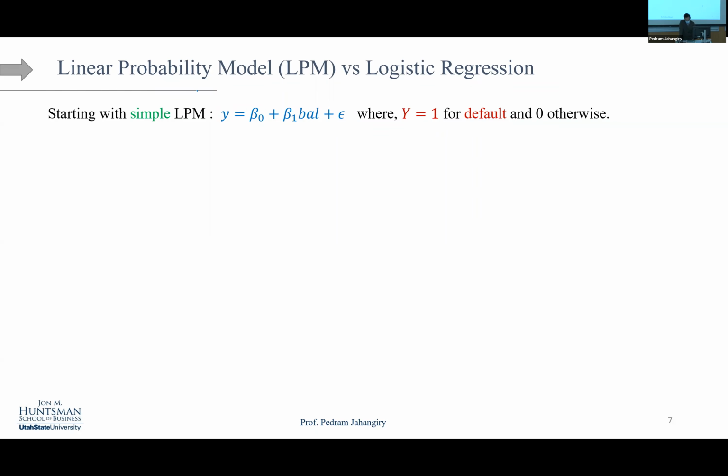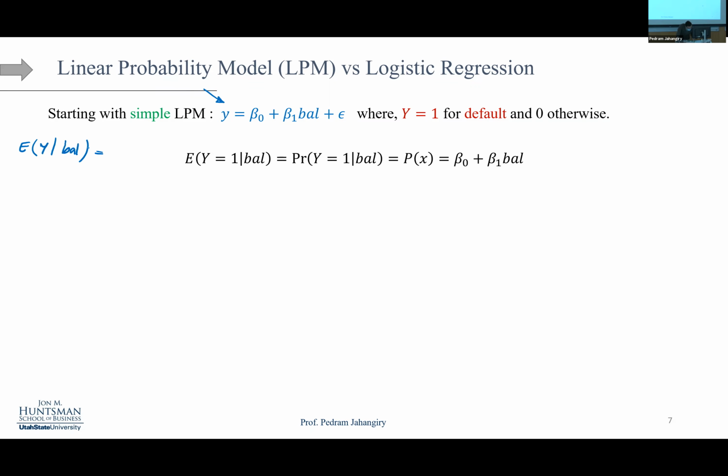Let's take expected value from both sides, right? I'm going to take the expected value of this function. On the left, I have the expected value of, and these are conditional expectations, right? I want to see, based on different values of balance, what is the expected value of default or not default. So basically, I'm calculating the expected value of y given balance, right?